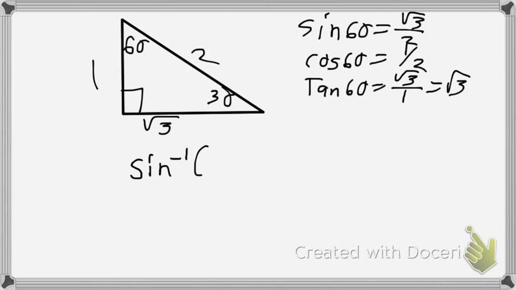So now we're going to talk about sine to the negative 1. On your calculator, this would be the button or symbol directly above your sine button. To access this, you're either going to have to hit second sine or shift sine. If we have sine to the negative 1, we say that is inverse sine or arc sine.